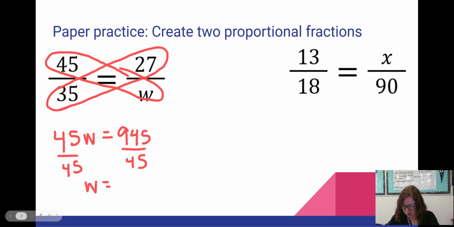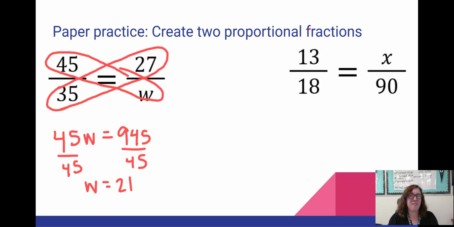And we find out that W is 21. So that means the fraction 45 over 35 is proportional to 27 over 21. That means if we simplified 45 over 35, we're going to get the same thing as when we simplify 27 over 21. Now, that was, again, butterfly or Band-Aid method, whatever vocabulary you like to use.